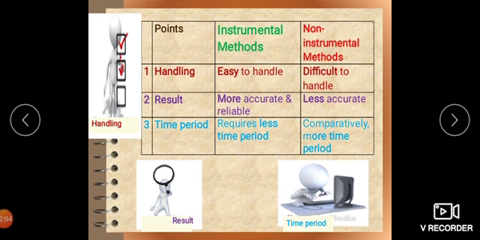For handling purpose, the instrumental methods are very easy to handle, but in contrast non-instrumental methods are difficult to handle. In case of result, the results which we are getting from instrumental methods are more accurate and more reliable, but in case of non-instrumental methods results are less accurate, we can say not reliable.